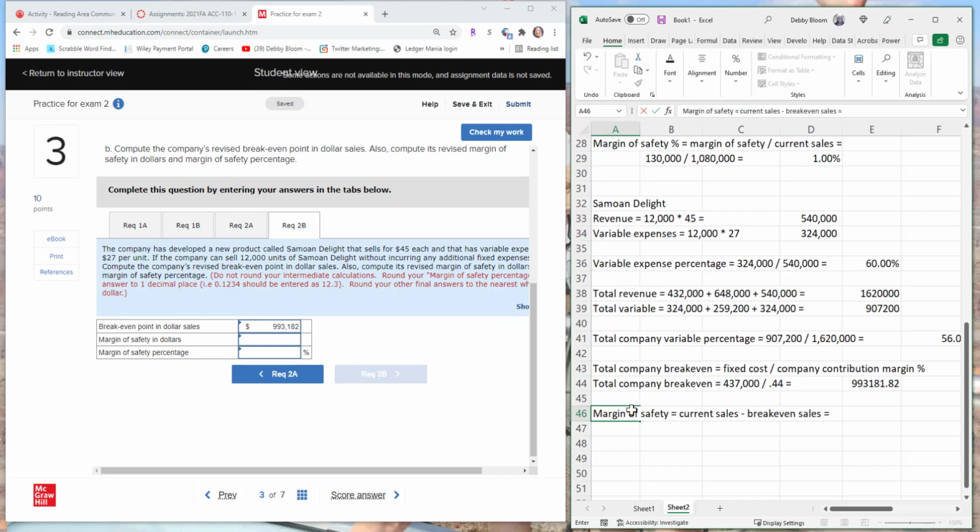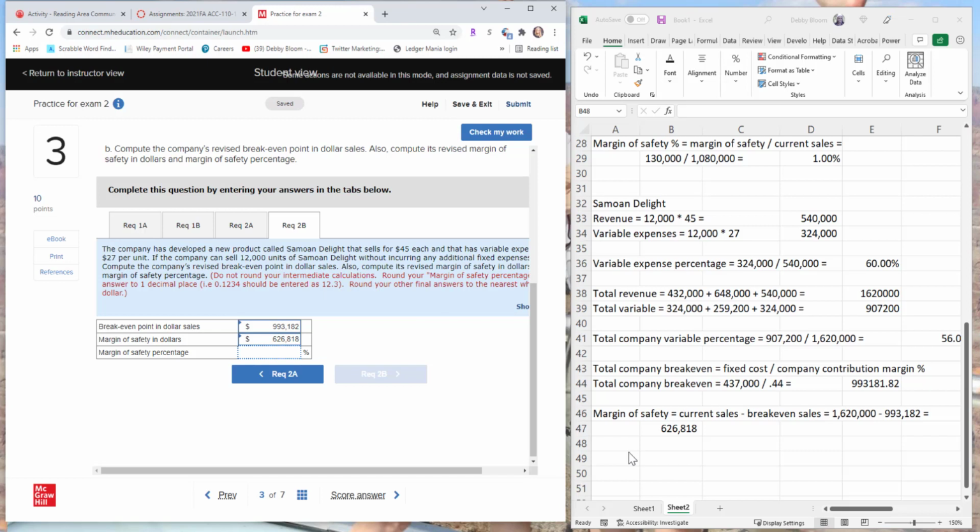So once again, we're going to take our $1,620,000 current sales and then subtract the break-even sales of $993,182. So it looks like our margin of safety is $626,818 in dollars.